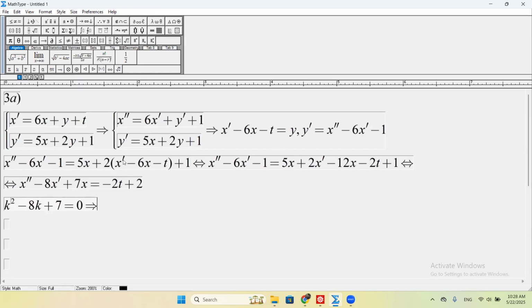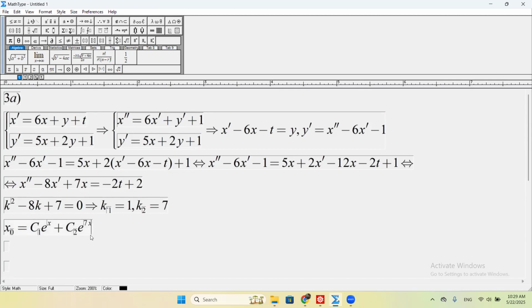Then by Viet theorem, we will find that k1 equals 1 and k2 equals 7. So x0 will be equal c1 e in power of x plus c2 e in power of 7x.